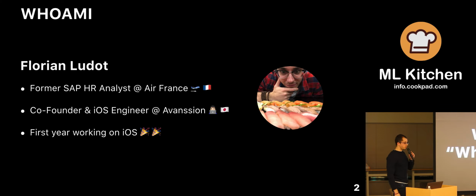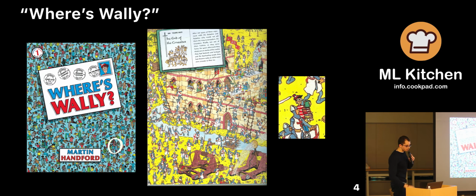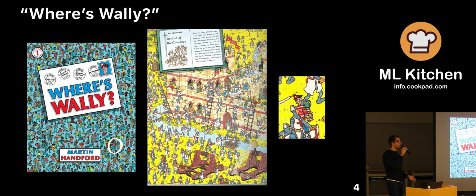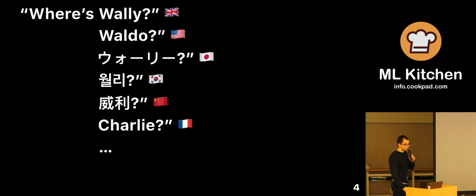So why solve Where's Wally? First of all, for people that don't know Where's Wally, he has several names. Wally, the root, is Wally in Great Britain, but it's also called Waldo in the US, Wally in Japanese, and you have a different name in a lot of countries.